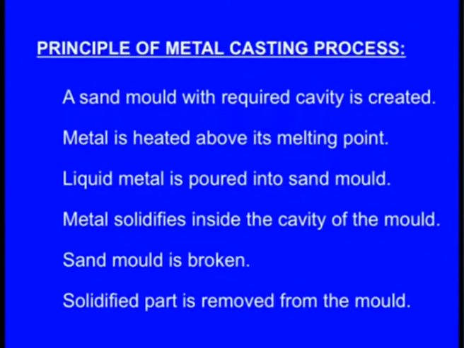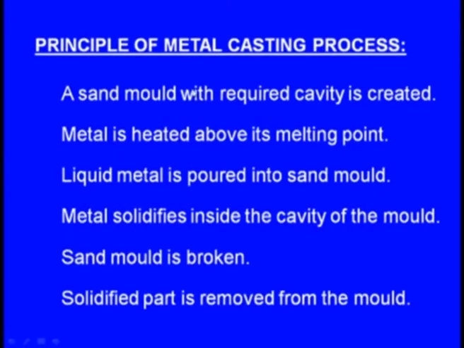Now let us see the principle of the metal casting process. What can we say about the principle? A sand mold with the required cavity is created first, using maybe a wax model. Sometimes this wax model is also replaced by a wooden model.